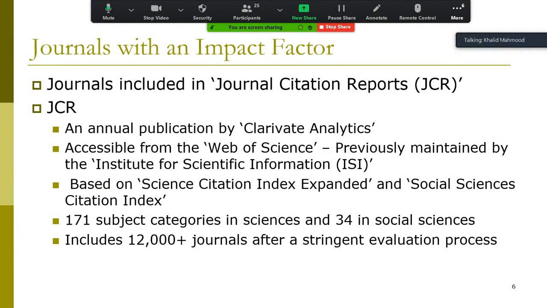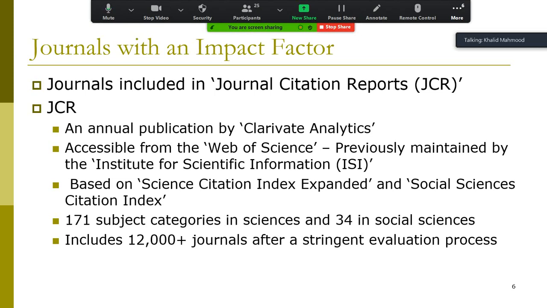Now we will talk about the journals with an impact factor. These are journals included in Journal Citation Reports. This is a database which holds a number of journals. All the journals included in Journal Citation Reports are called impact factor journals.